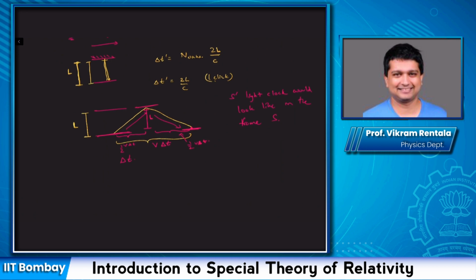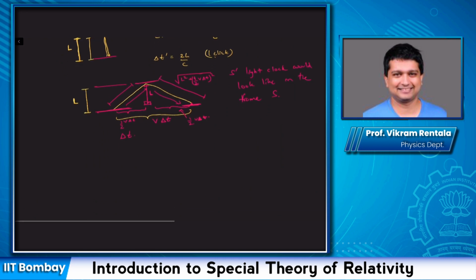So by using Pythagoras' theorem, this is a 90-degree angle, this distance over here is just the square root of L squared plus half v delta t, whole squared. And similarly, this distance is the same as well: the square root of L squared plus half v delta t squared.